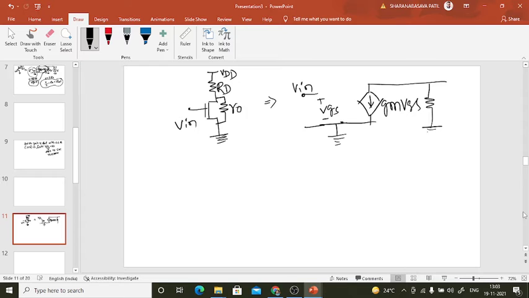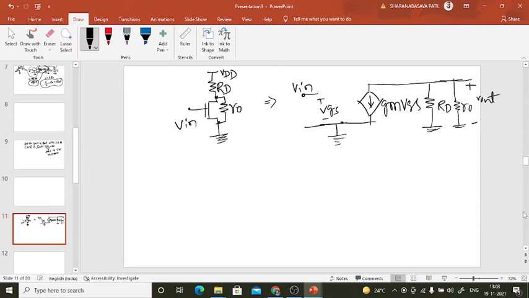So across drain and source there is one R0, and across this we are taking output. As usual, apply KVL here. This gives V in equal to VGS, and apply KCL at this terminal. That will give V out.